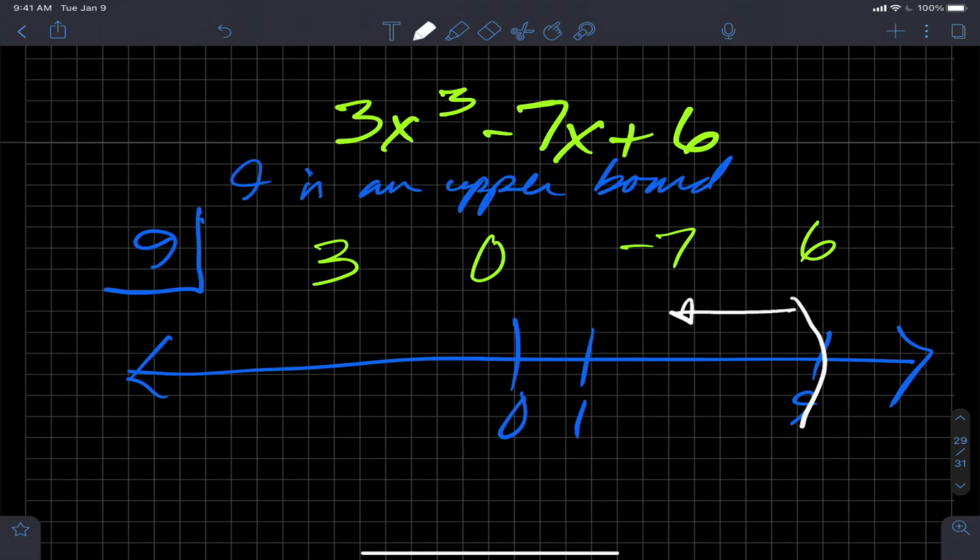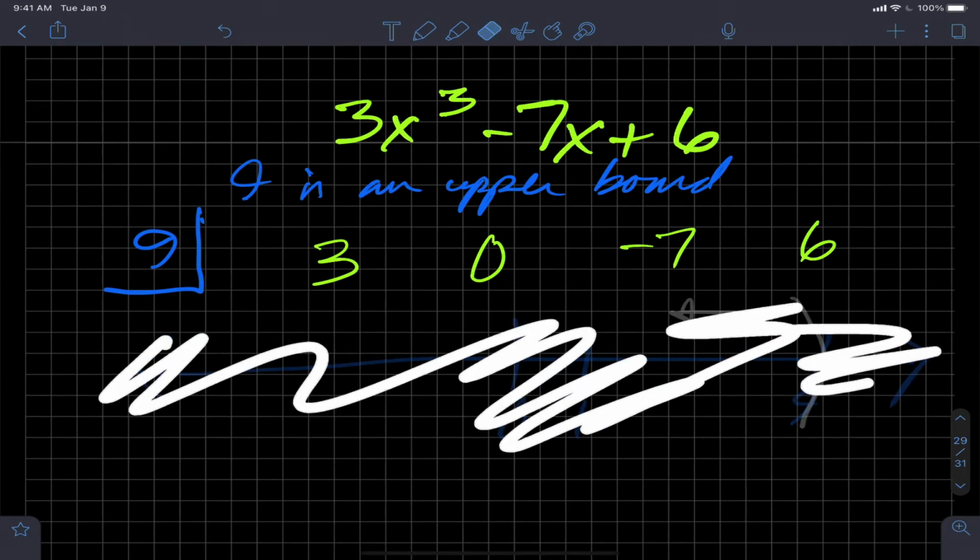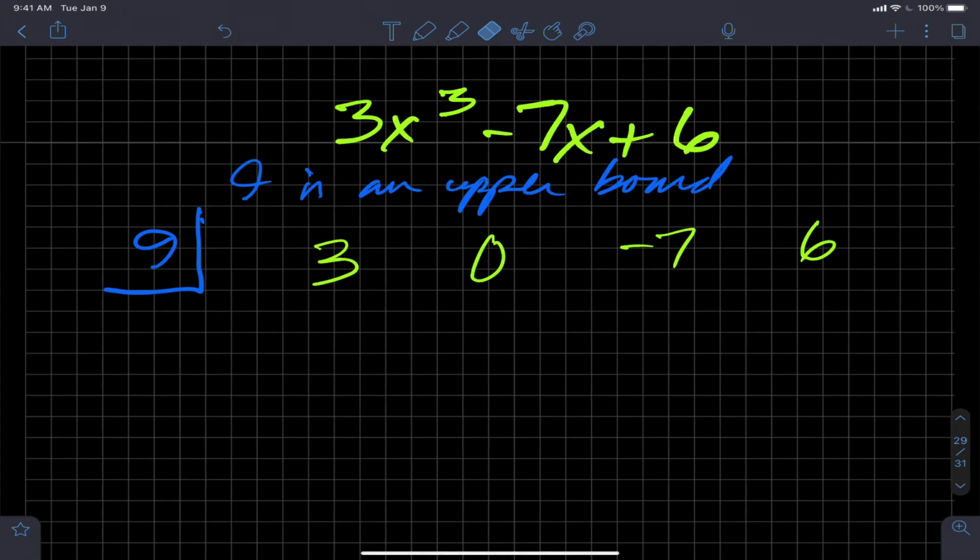But to clarify, we're not necessarily concerned about just an upper bound, because if 9 is an upper bound, so is 10, so is 11, and in fact all the zeros are less than 2062, right? It was just arbitrarily chosen. So knowing an upper bound is helpful, but not as helpful as we want it to be. And we can find another upper bound.